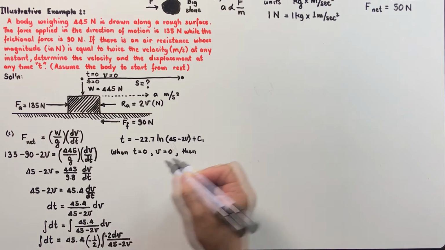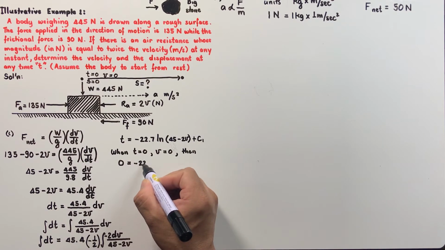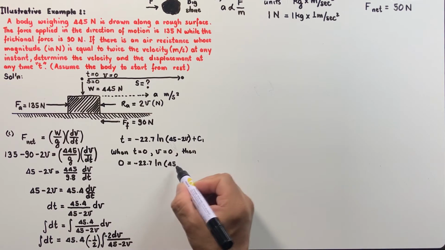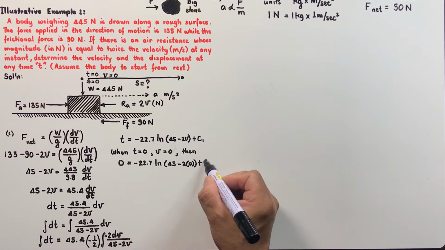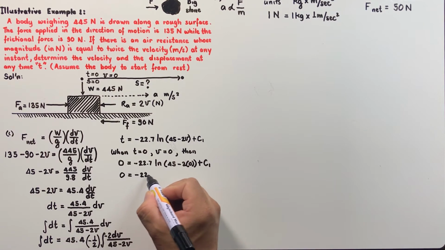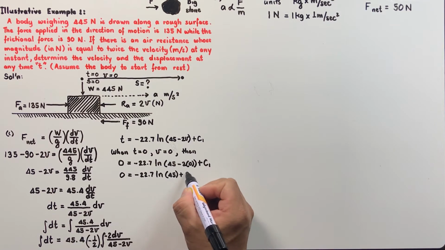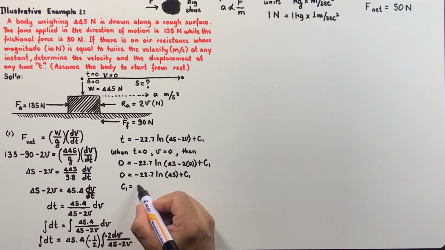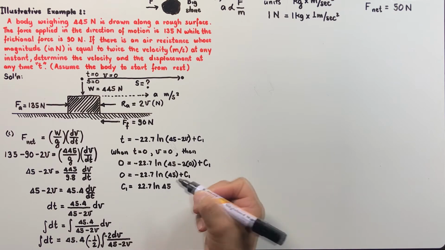So then our t, which is 0, is equal to negative 22.7 times the natural log of 45 minus twice of the velocity, which is 0, plus the constant of integration c sub 1. So 0 is equal to negative 22.7 times the natural log of 45 here. So our constant of integration is equal to 22.7 times the natural log of 45.